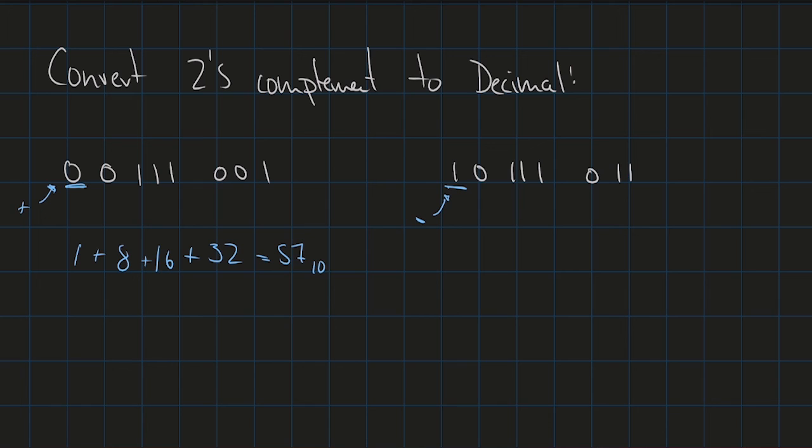However, for negative numbers, we're actually just going to find the positive version. And to do that, we're going to perform 2's complement on this number. So let's start by flipping all the bits to find 1's complement. So this is 1's complement.